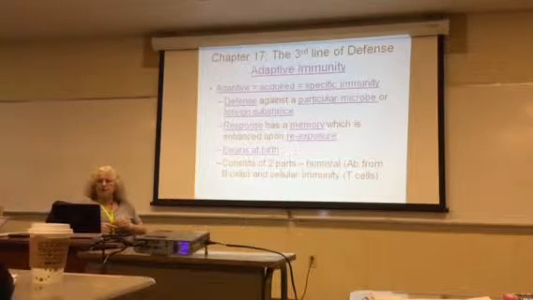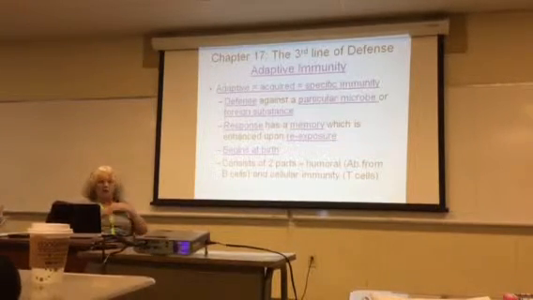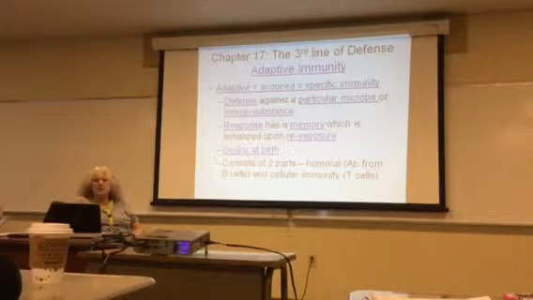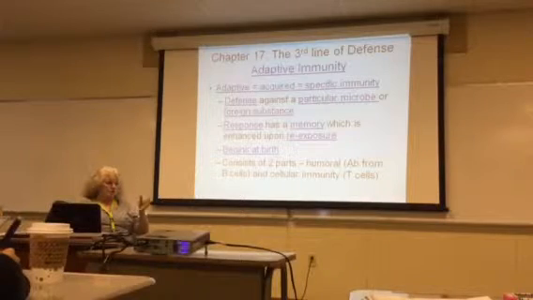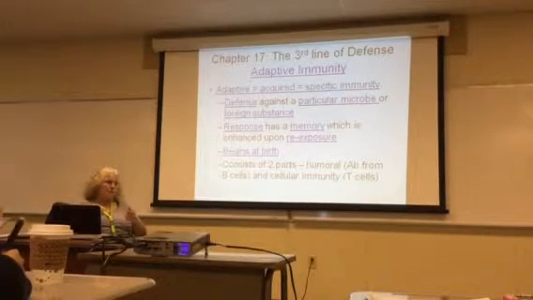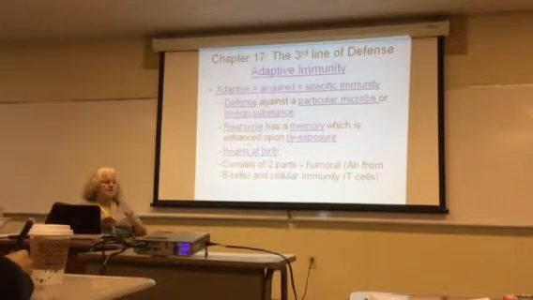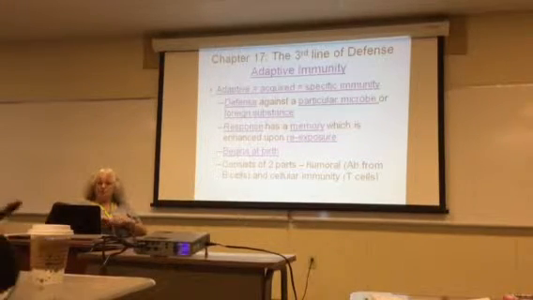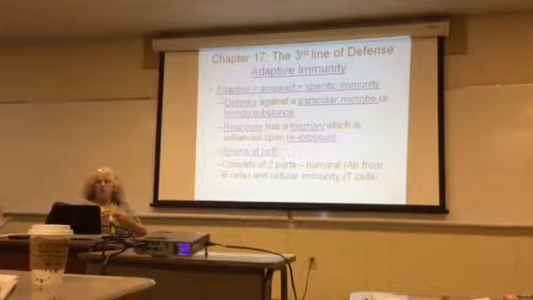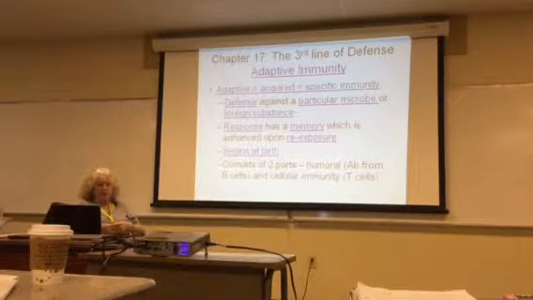So this one is defense against a particular microbe or foreign substance, and it has a memory. There are memory cells, so the next time you become exposed to the same thing, your system's already ready to go. It's a much quicker response than at the beginning.